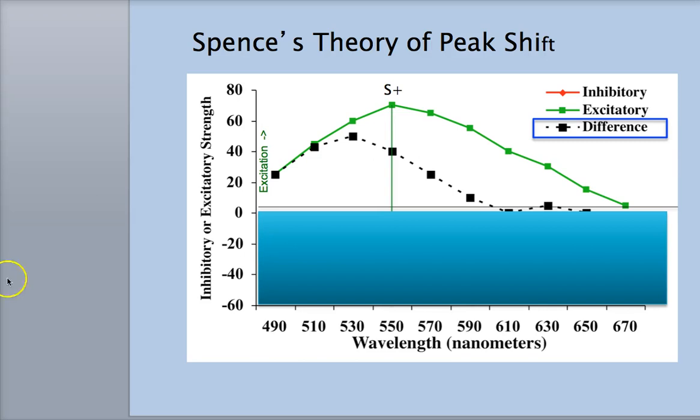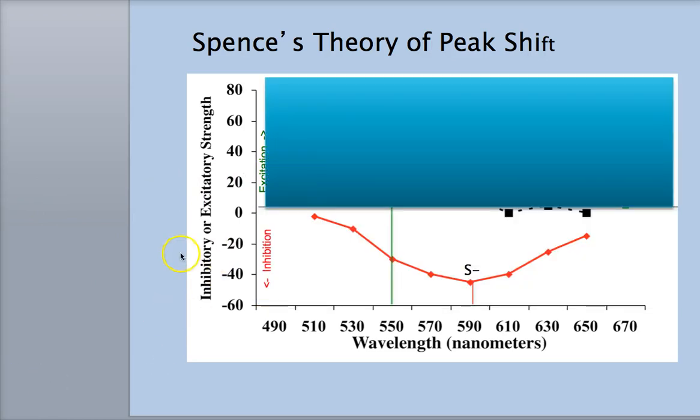So he said if you have an S plus alone, here at 550 nanometers, you're going to get this green gradient. You're going to get a gradient that is centered. The highest point of the peak will be over the S plus. So you get this green gradient. And if that's all you did, that's where your responding would be.